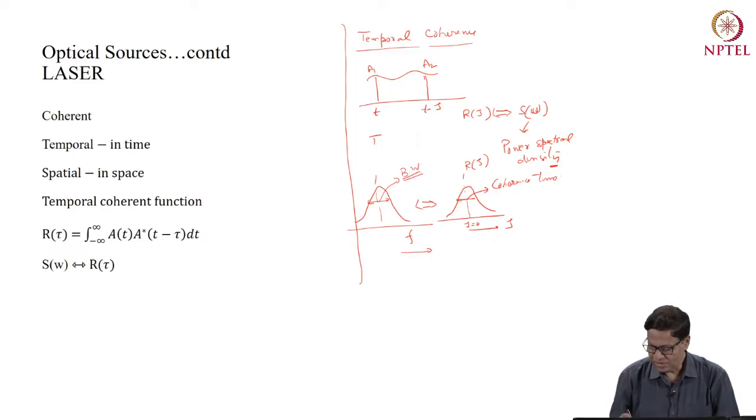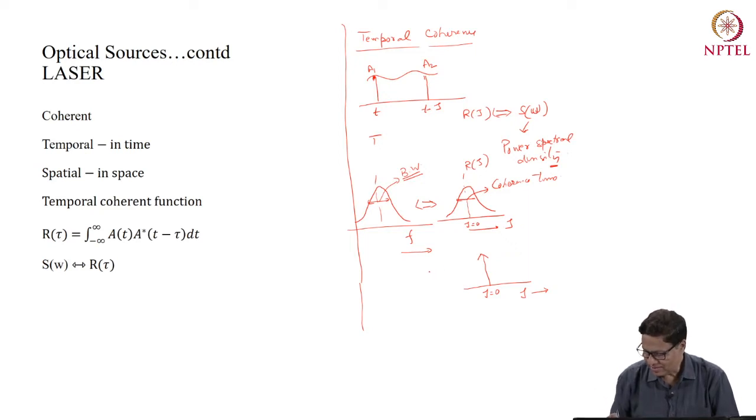So now let us try to understand with some extreme limits. For example, if you have the correlation function something like this, and it is 0 for rest of the time, it is maximum at tau is equal to 0, which means this waveform correlates only with itself, with the same point. Otherwise, it is zero. There is no correlation with any other point in this waveform.